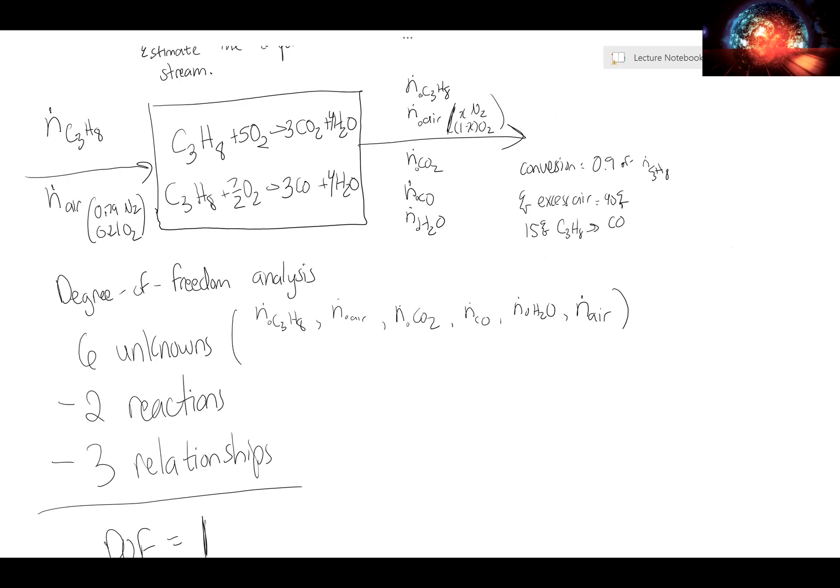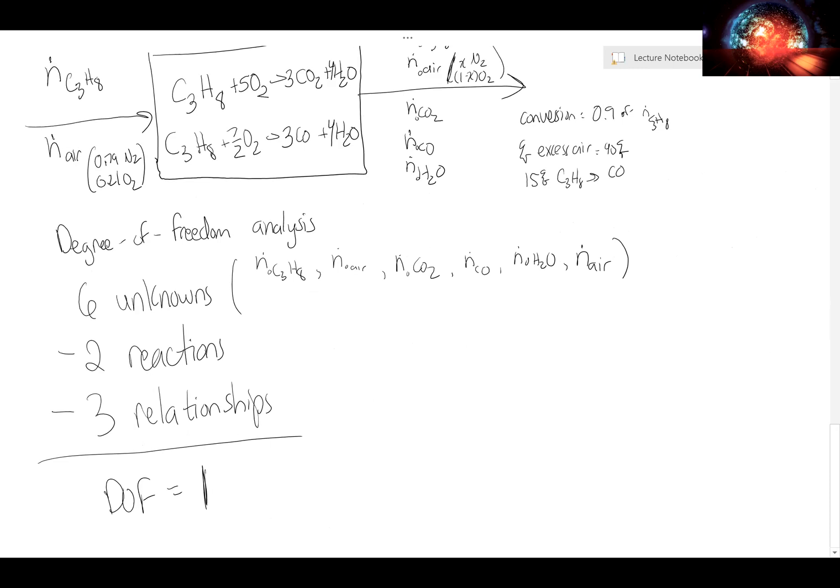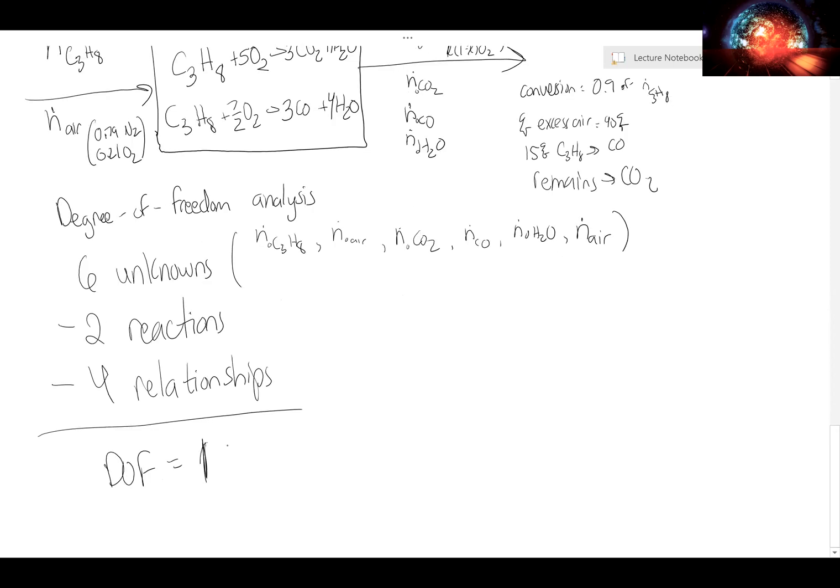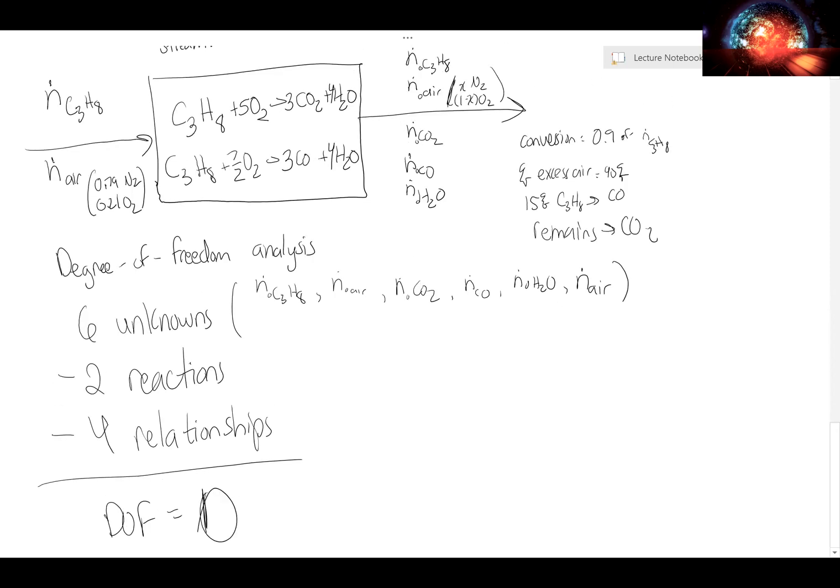If I know 15% goes to CO, I can also say that the remaining goes to CO2. That gives me enough specifications that I can comfortably change this to 4, set it to 0, and say that this is solvable.